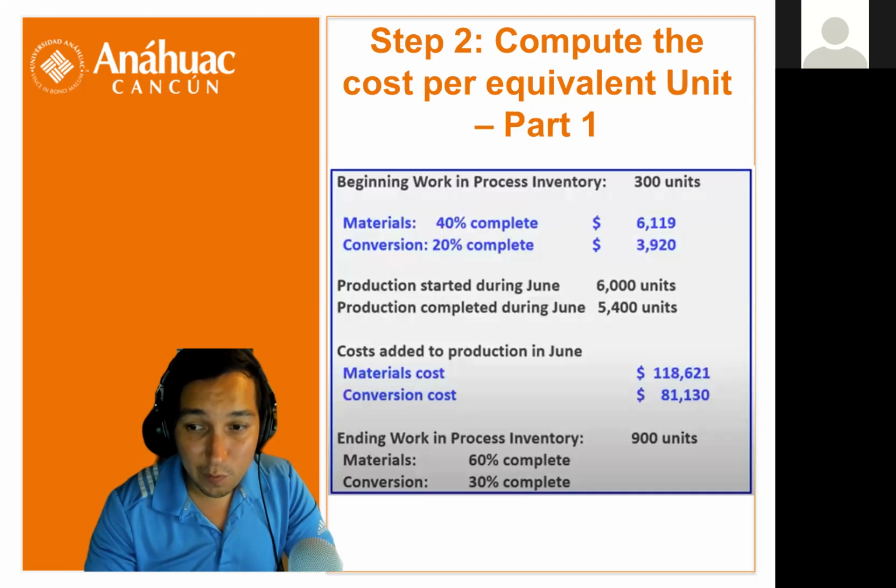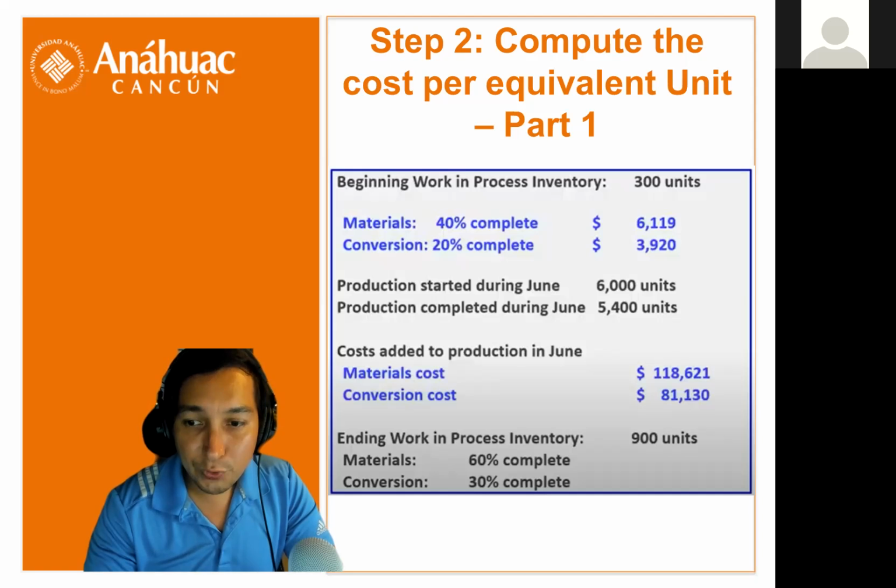Our beginning cost for material is 6,119. For conversion, we have 3,920. And again, I still don't care about the percentage of completion, but I certainly do care about these dollars. That matters, those dollars which are in the conversion line and the materials line.